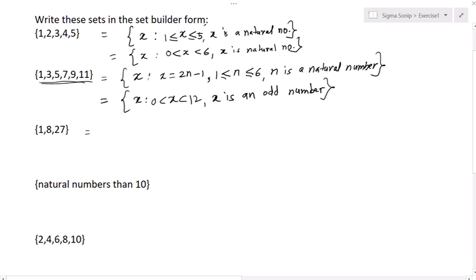If we look at this one, I can say that it's a set of x values such that x is equal to n cubed, and then I need to say that n is between 1 and 3, and then I also need to say that n is a natural number.